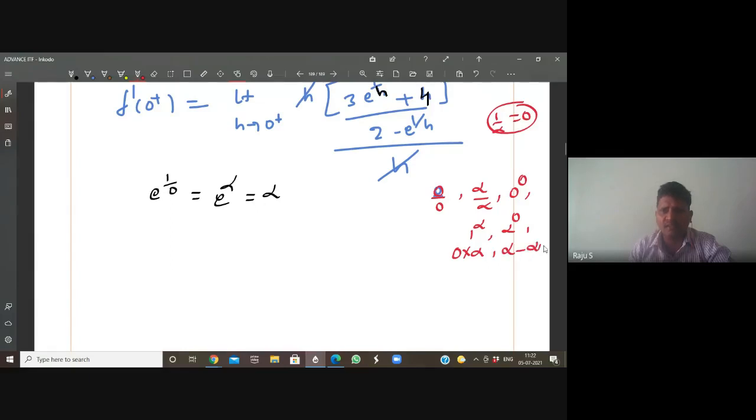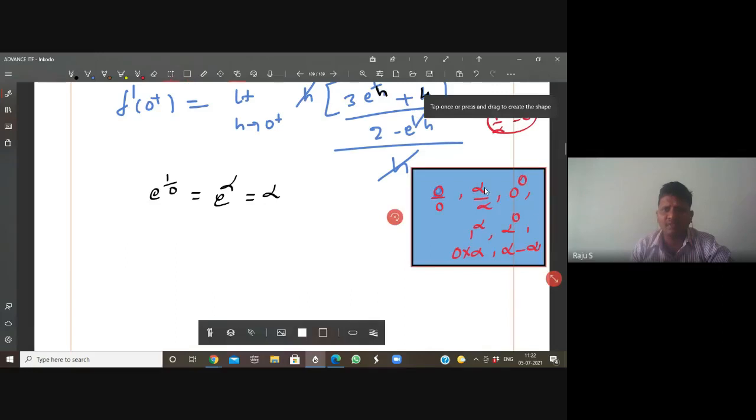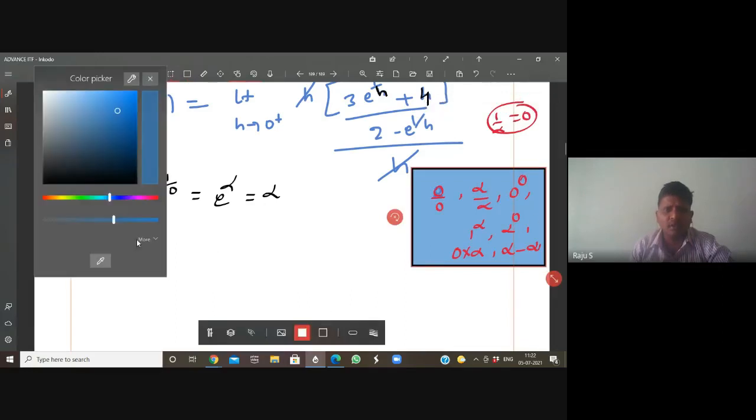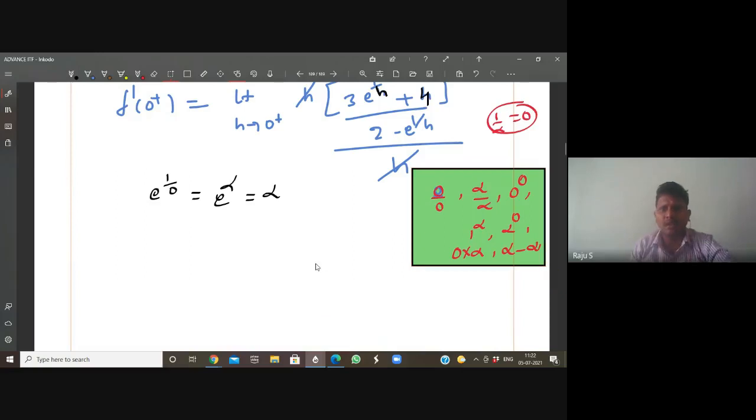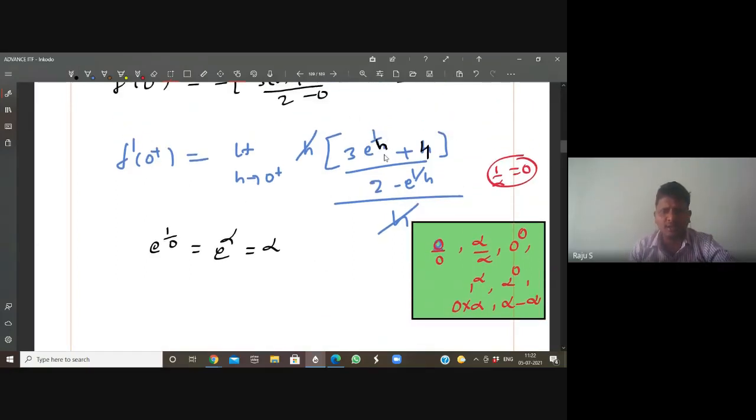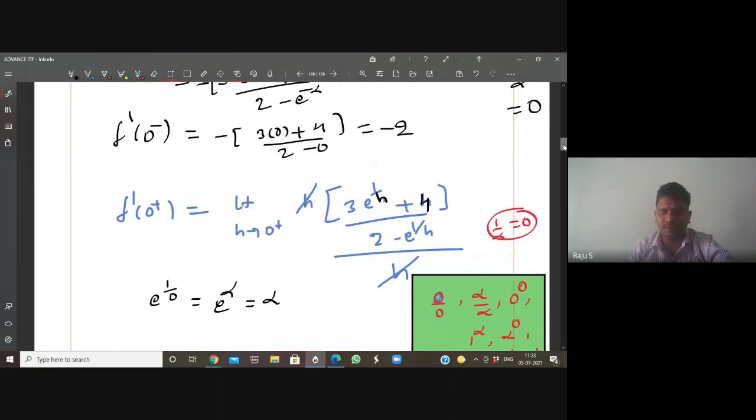As a mathematics student, you must remember all these undefined values. So when I substitute h value 0 here directly, it becomes infinity by infinity, which is undefined.